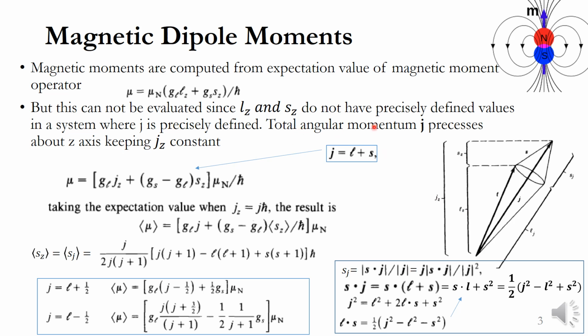But the total angular momentum J precesses about the z-axis, keeping this Jz component constant.